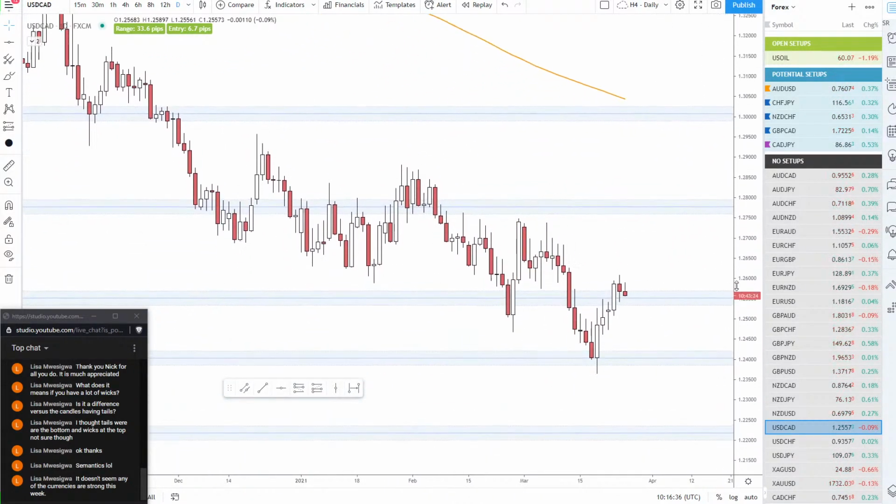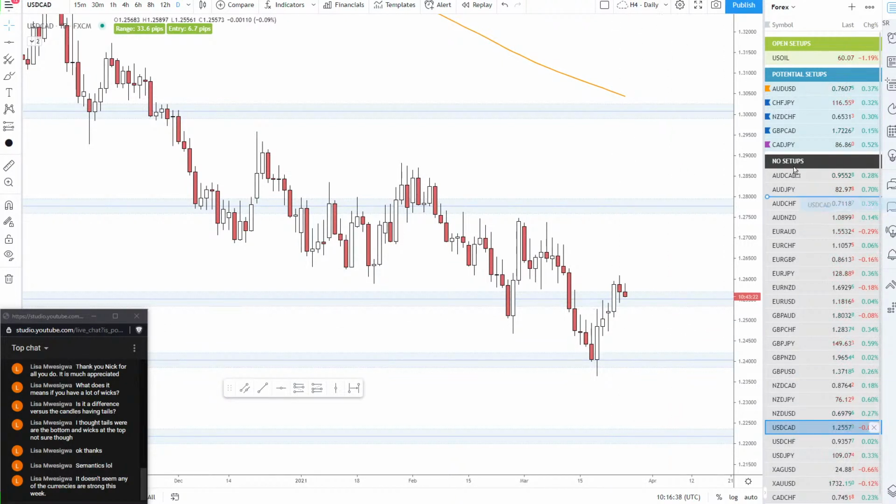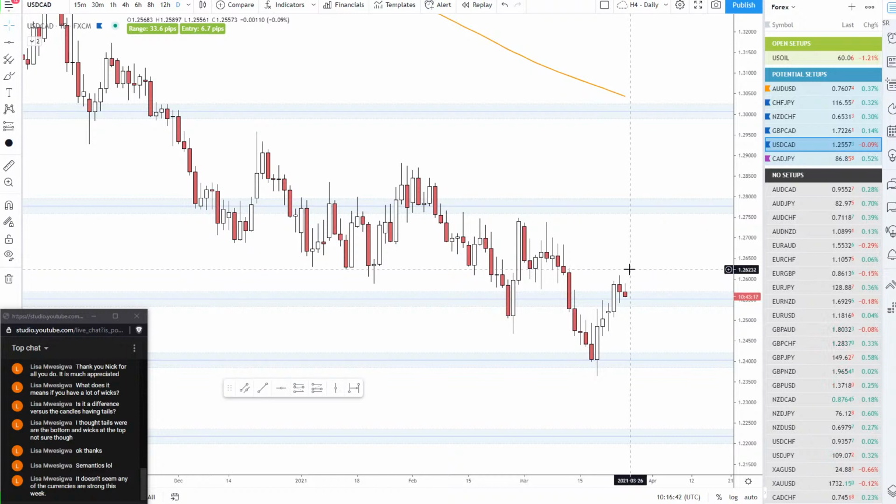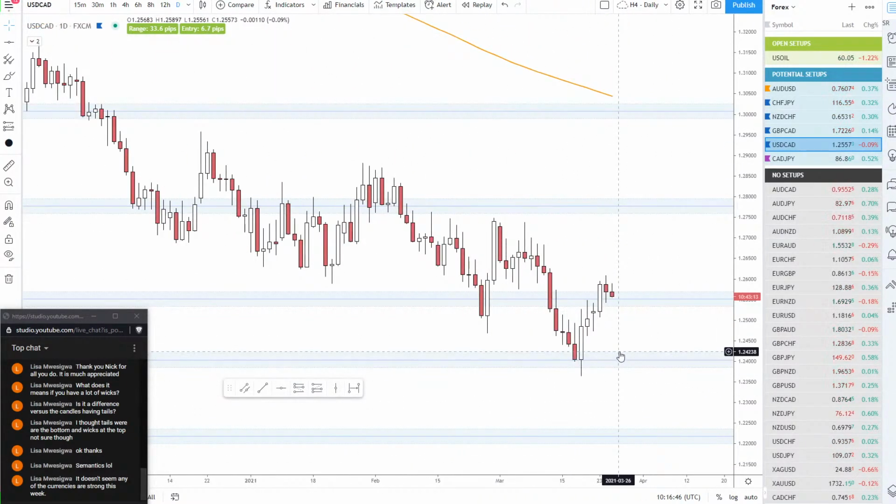I'm a little tempted by this USDCAD short. I'm a little tempted. It's with the trends, nice little continuation. I've been burnt so many times by USDCAD this year. I think every USDCAD I've taken is a loss this year. You can't really let that affect your trading. You can't say, oh, I've taken a bunch of losses on USDCAD, so I'm going to stop taking USDCAD trades just because you took 3 losses, 4 losses.